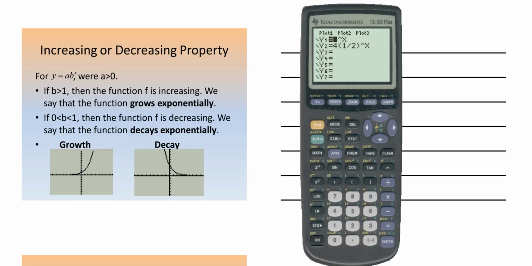I'll turn this one off by going to the equal sign, hitting enter, pushing down, and the next equal sign, hit enter to turn it on. Notice it highlights it. The one that's highlighted is the one that's going to graph. I hit graph, and now I can see the other one, the exponential decay. It's going down from left to right versus going up from left to right.